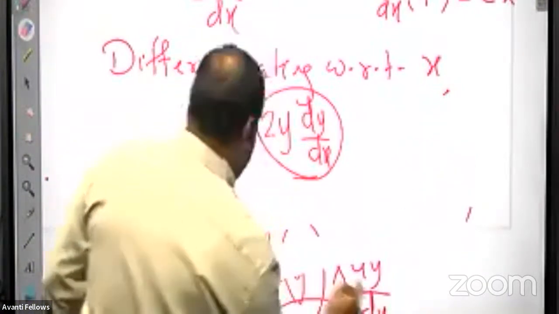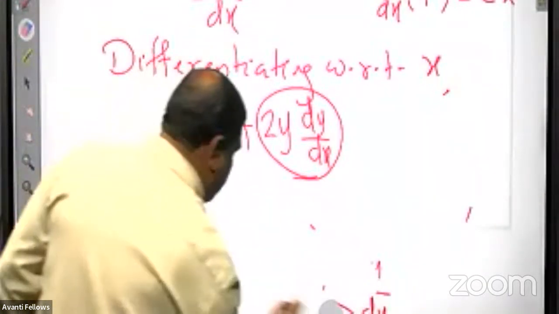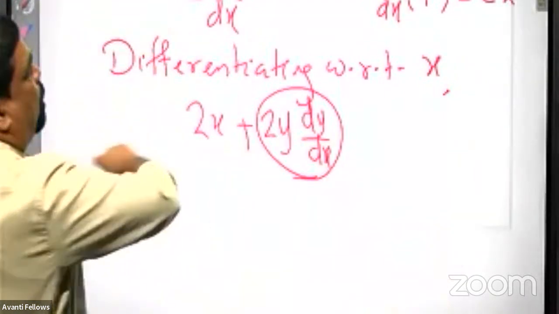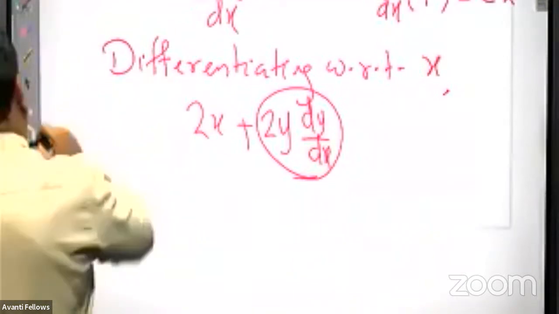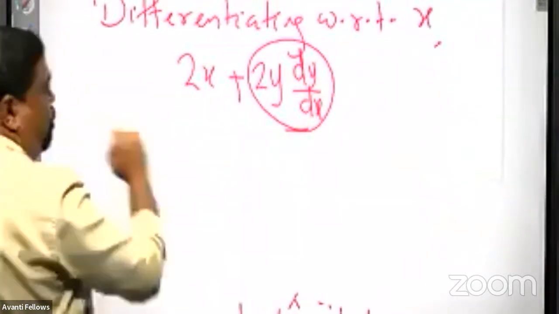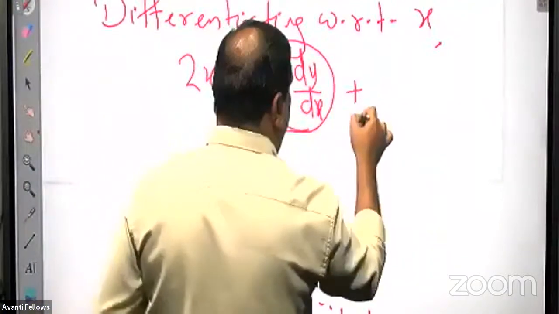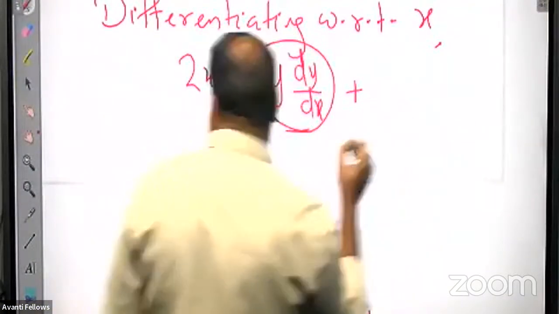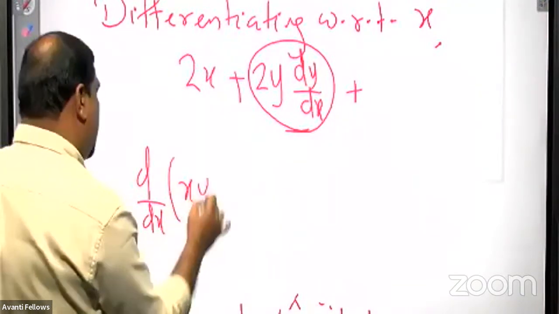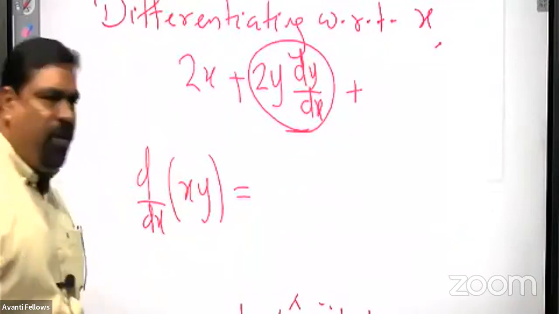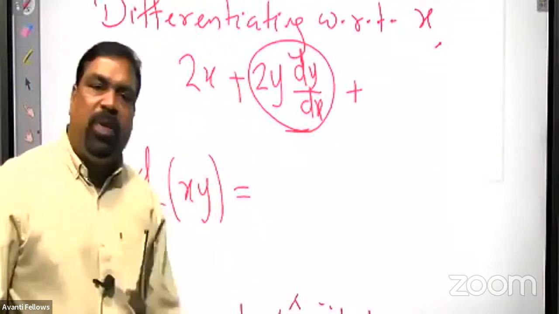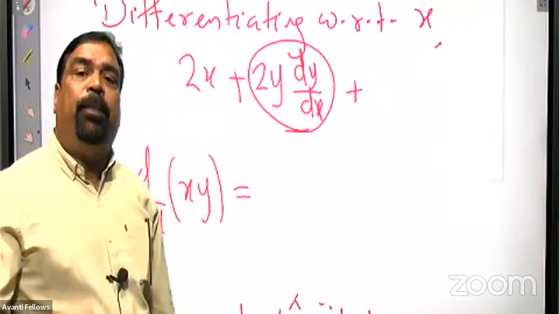Then the next term is xy. There also, you need to be a little careful. What is d by dx of xy? There you have to apply the product rule.